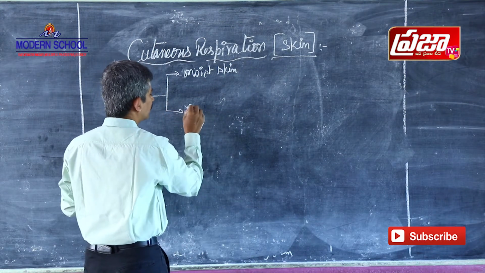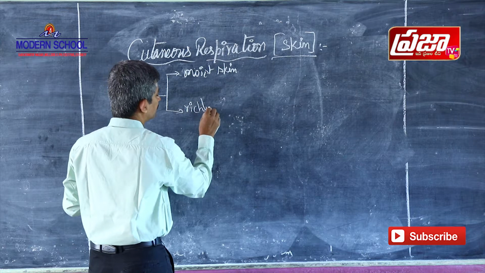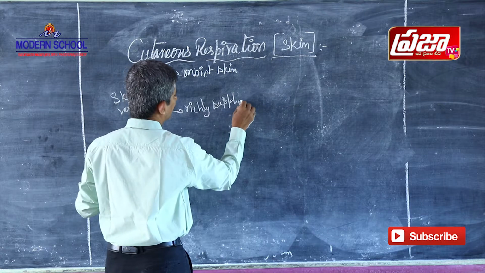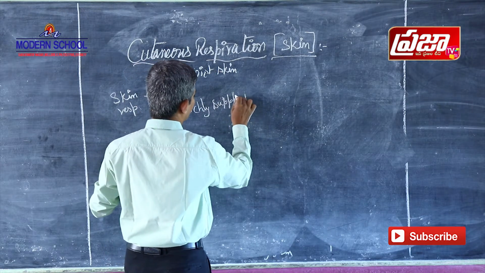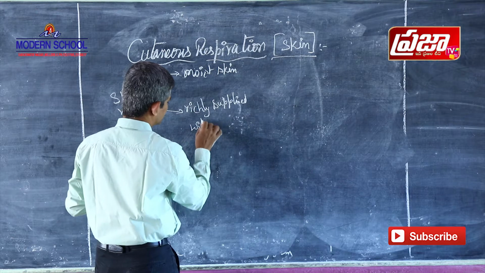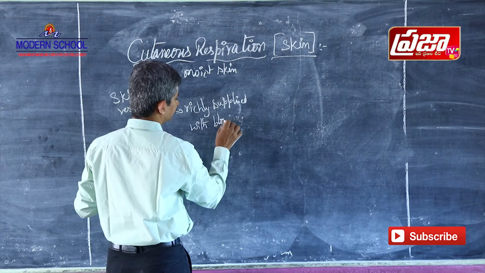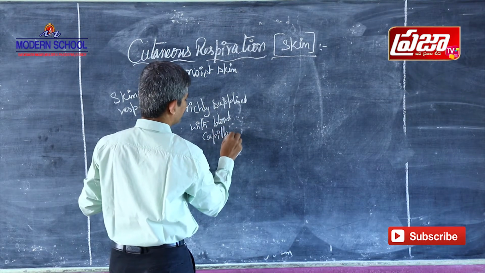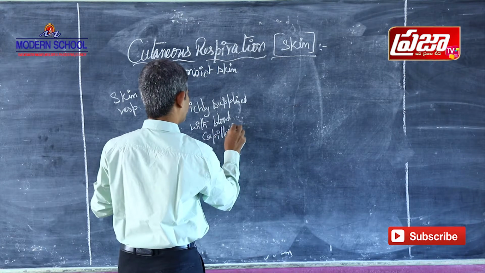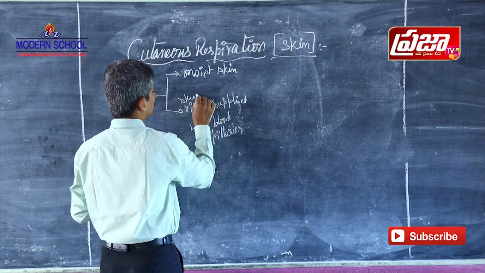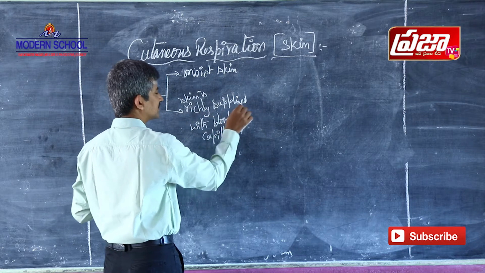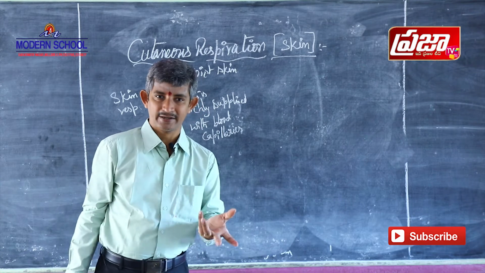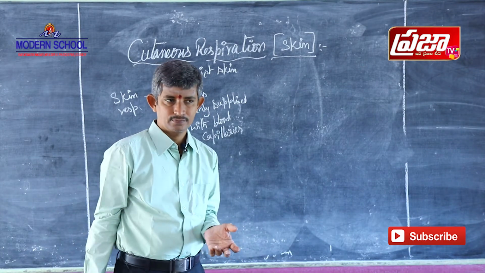Two, the skin is richly supplied with blood vessels, blood capillaries. These are the two conditions if an animal wants to respire with skin.